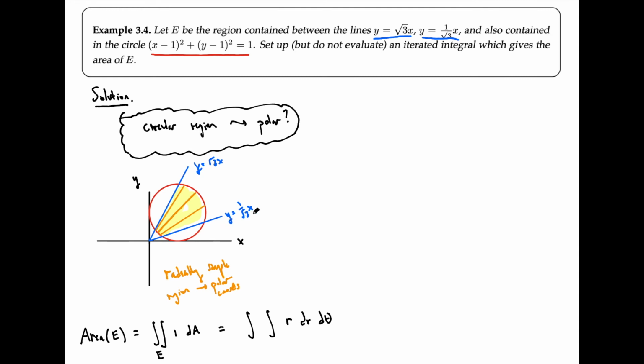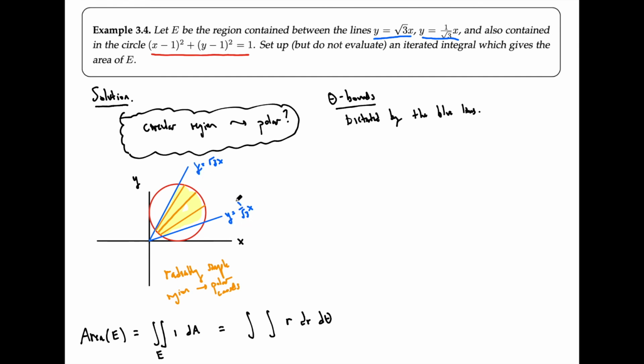They're dictated exactly by these blue lines, right? The angles of the rays I care about start here, and they swoop out and end here. So the lower bound of theta is going to be algebraically dictated by this condition, and likewise the upper bound with this condition. So this is old news at this point.